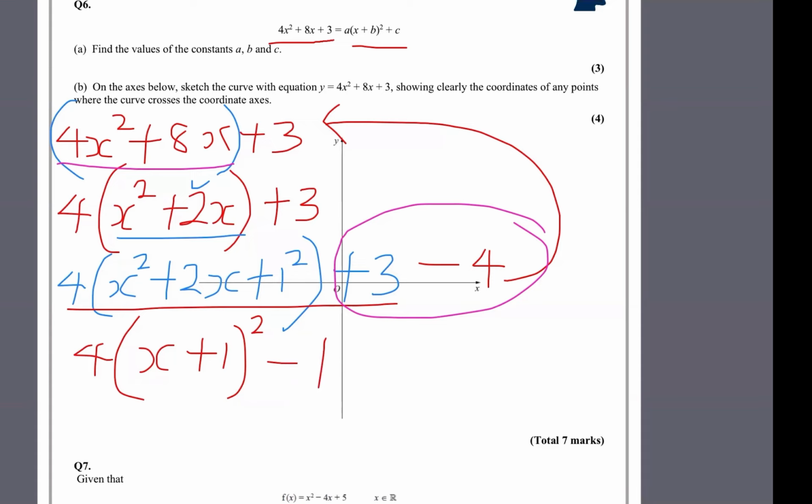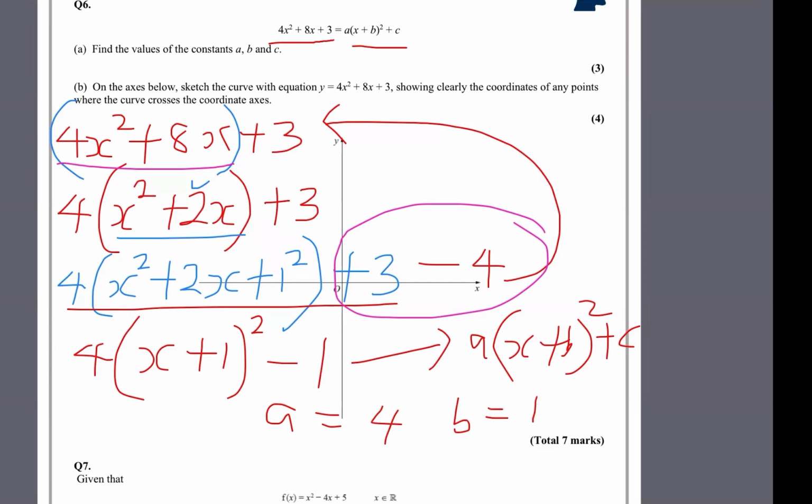So this way we have been able to express it in the form a(x plus b) squared plus c. And we can all see that our a is 4, our b is 1, and the c is minus 1.